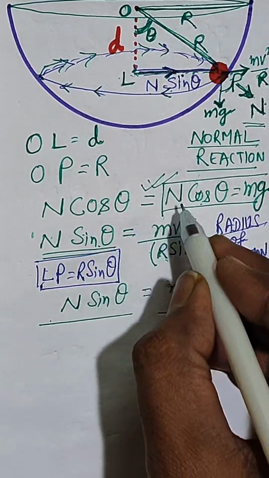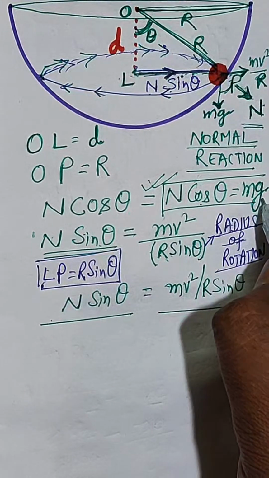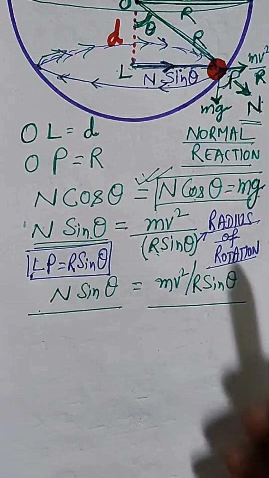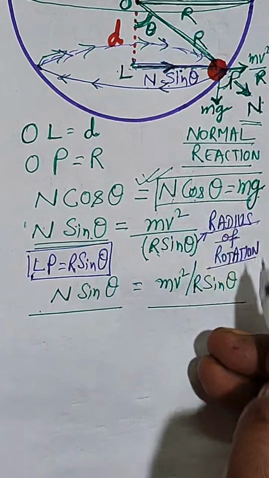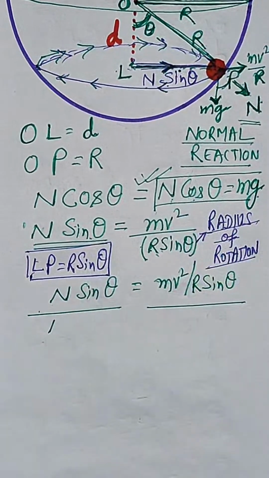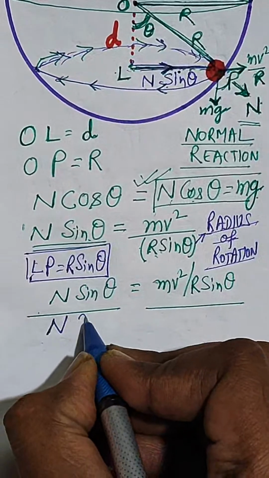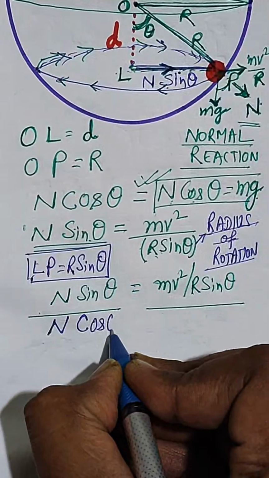So if you divide by equation number 1, which is nothing but this one, N cos theta equal to mg. Let me write in a different color so that you can easily understand.